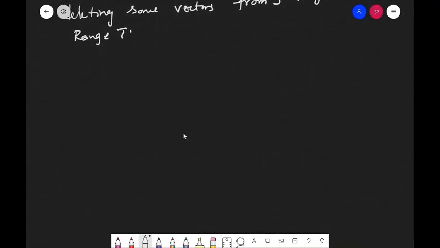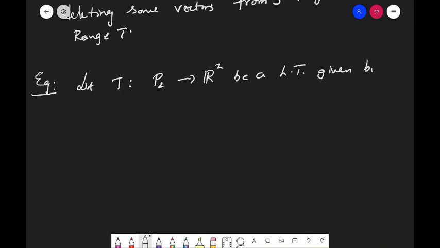So let me take the example. Let T from P2 to R2, this is the same example which we used for the linear transformation and also for finding the kernel and the basis for the kernel, be the linear transformation given by T of p equals p of 0, p of 1. The same thing I used for the kernel also.